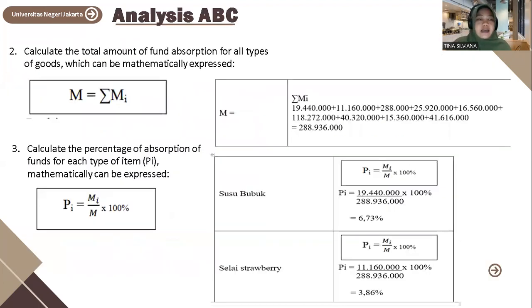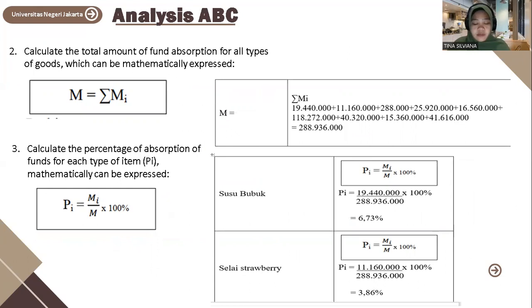Let's see the second way. Calculate the total amount of fund absorption for all types of goods, which can be mathematically expressed as M equals the cumulative MI.